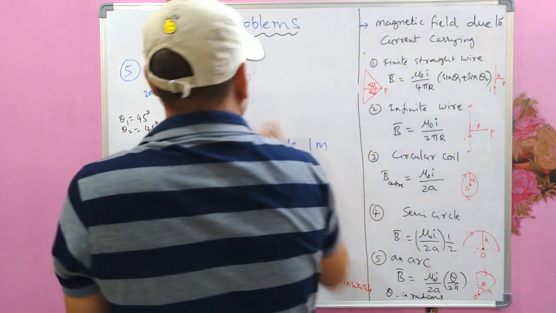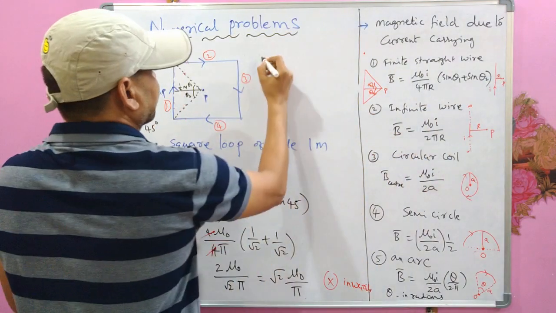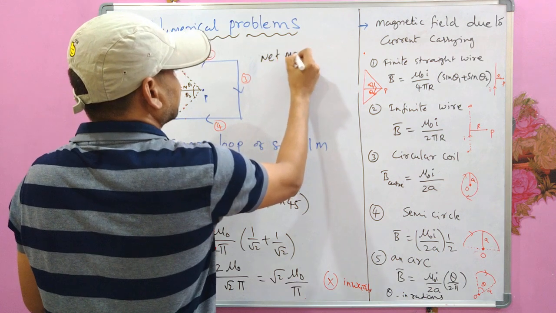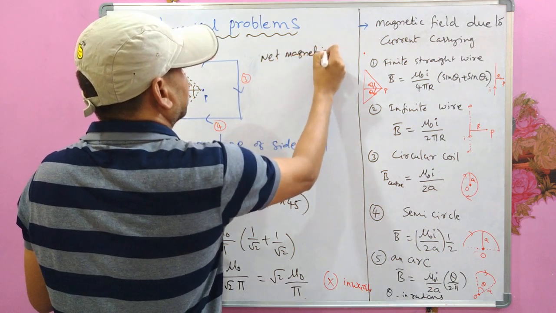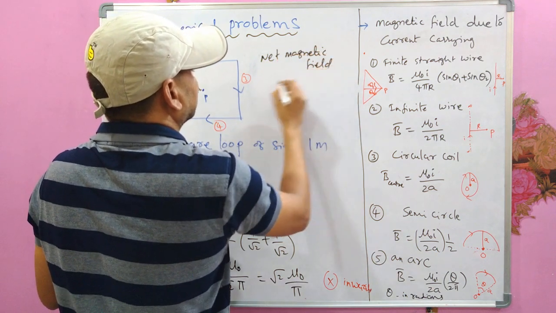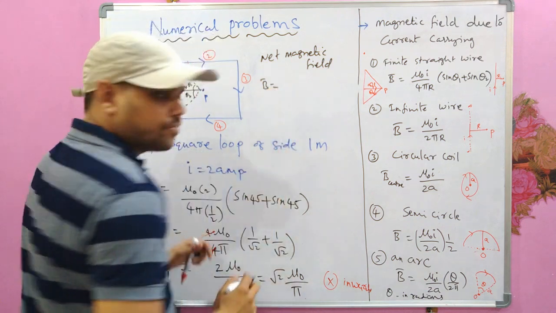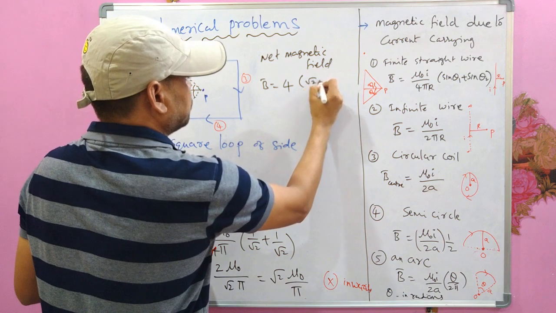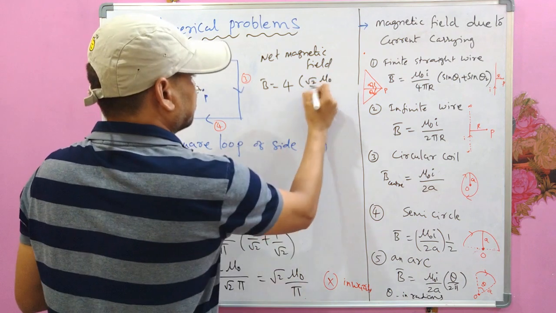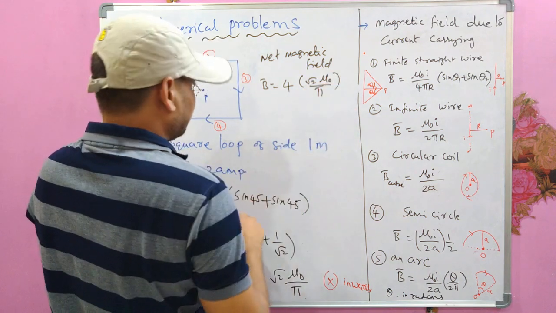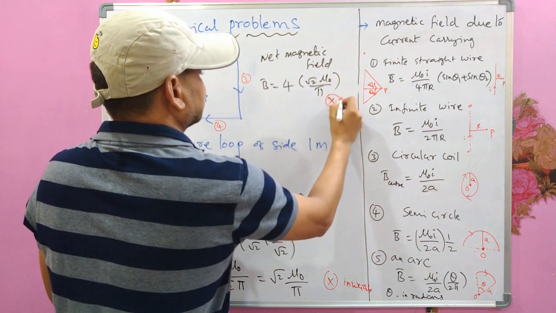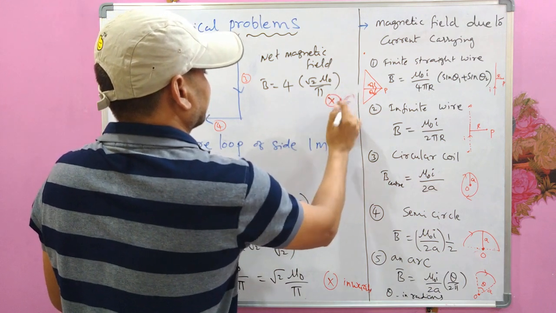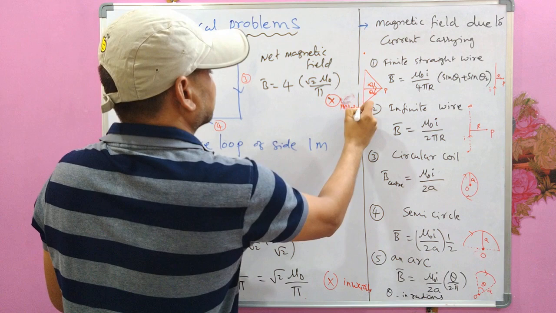So the net magnetic field will be 4 into root 2 mu naught by pi, and that too inverse. Okay, so inverse.